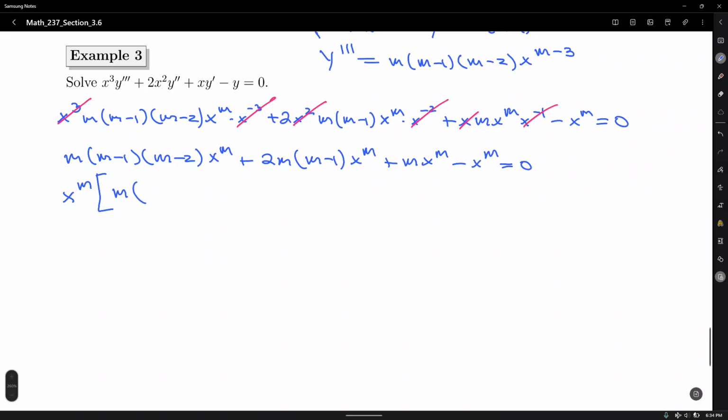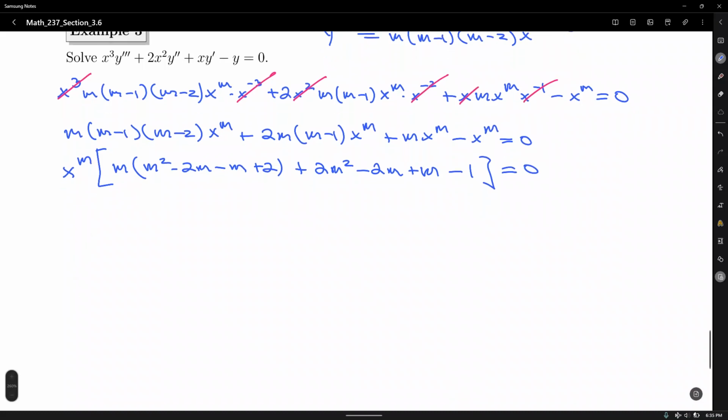I'm going to leave this m at the end, so that'll be m squared minus 2m minus m plus 2. And then I'm going to distribute the 2m over here. That's 2m squared minus 2m, and simply m plus m, and then minus 1, because we factored x to the m. And let that be equal to 0.